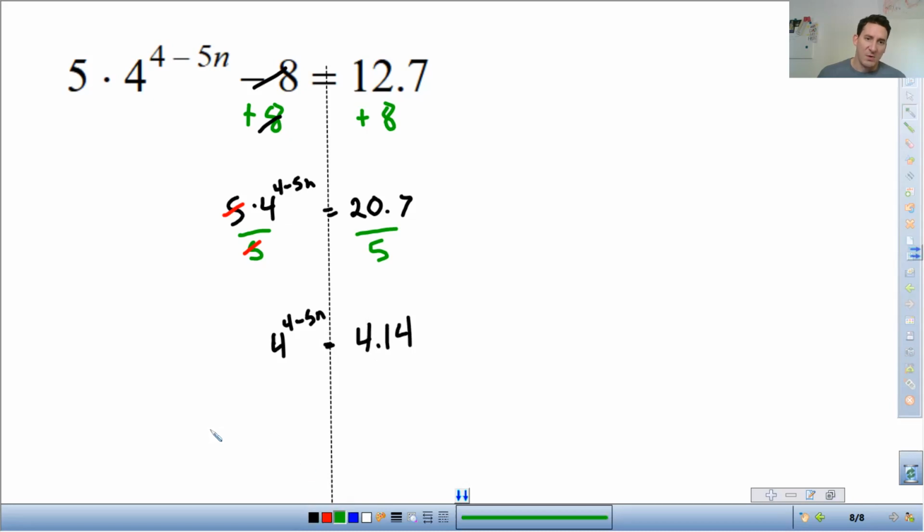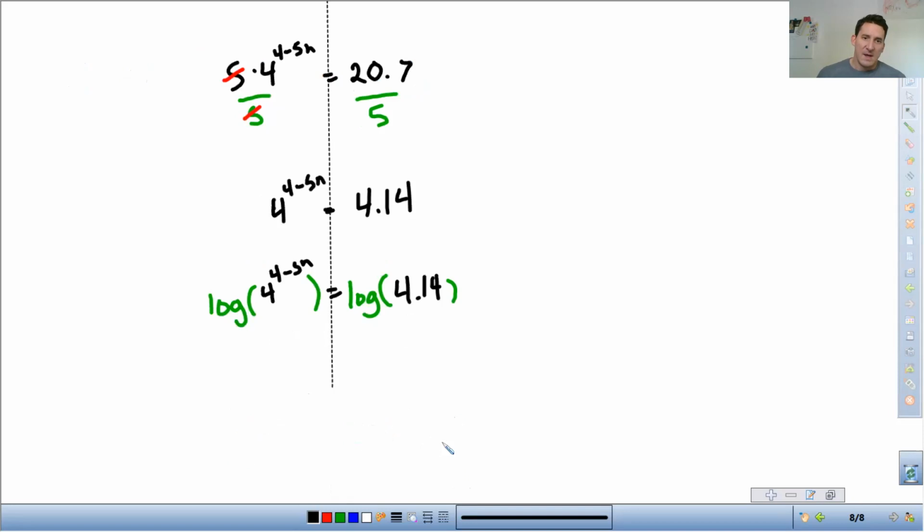Now I can take the log of both sides. So log of 4 to the 4 minus 5n is equal to the log of 4.14. Now I can use the property of logs to make that exponent a coefficient. So it's 4 minus 5n times the log of 4 is equal to the log of 4.14.